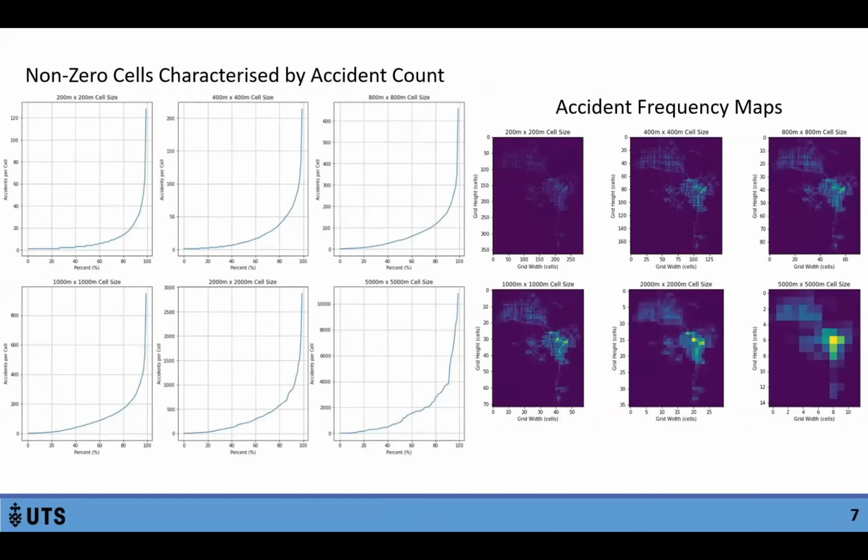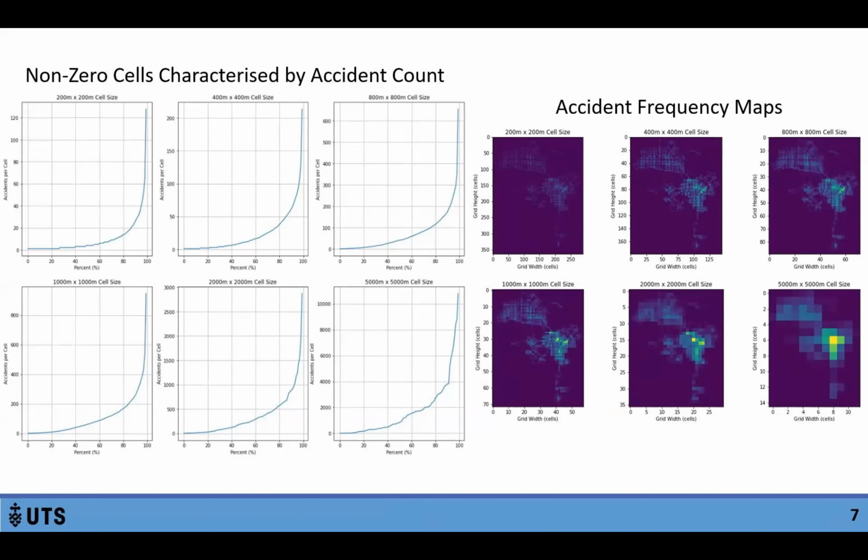Further to this, we can see here on the left side that the 1 kilometer by 1 kilometer cell size has just under 85% of all non-zero cells containing 200 accidents or less over the entire 6-year period, which is neither too sparse or too generic.